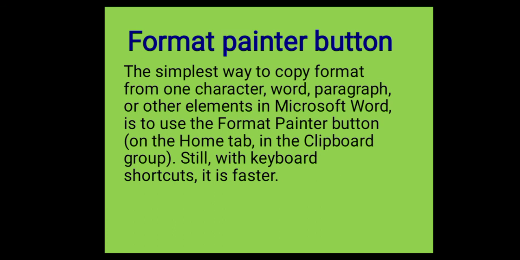A keyboard shortcut is still faster, and you can copy and paste through the keyboard, but the format painter button on the Home tab is an easy way to copy formatting. You can use the format painter as well as the shortcut key.